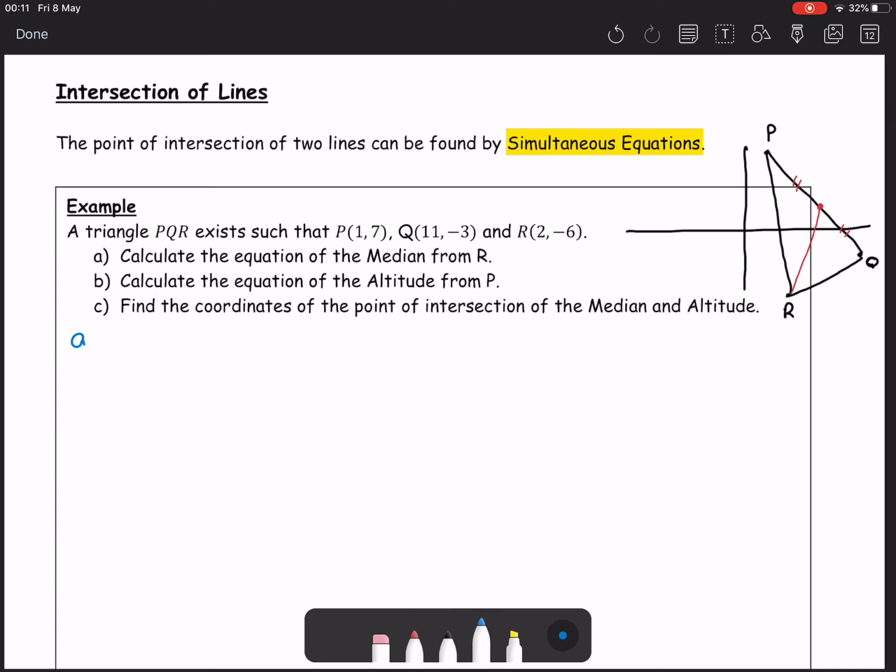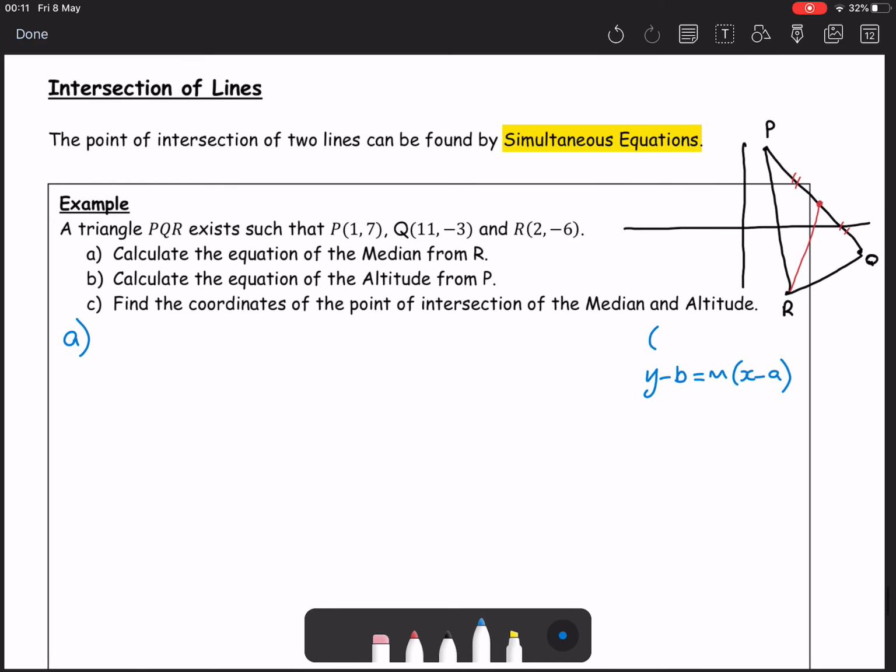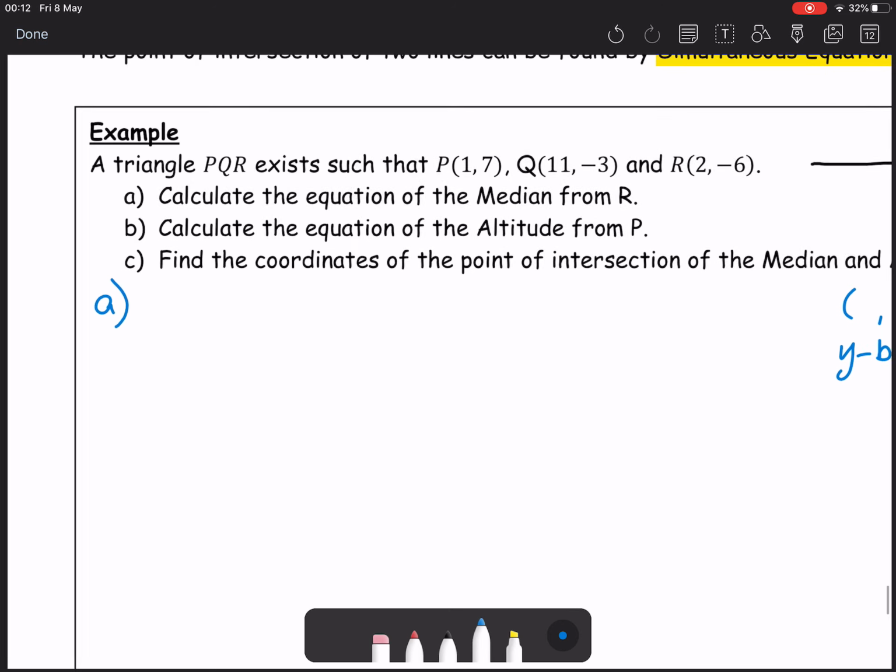In part A, the fact that it's an equation of a line, y minus b equals m(x minus a), and to use that equation I need a point and I need a gradient. So thinking point, gradient, equation. For the median from R, we've got the point R, (2, -6), but we will need the midpoint of PQ to be able to work out our gradient.